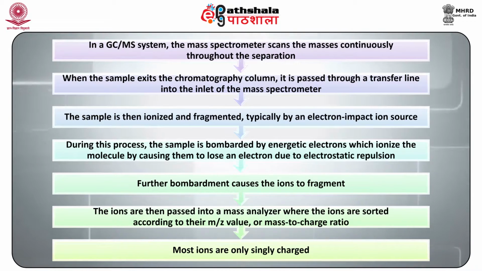The sample is then ionized and fragmented, typically by an electron impact ion source. During this process, the sample is bombarded by the energetic electrons which ionize the molecule by causing them to lose an electron due to the electrostatic repulsions. Further bombardment causes the ions to fragment.